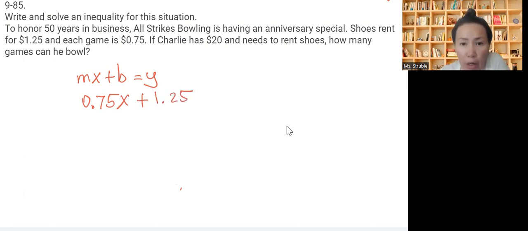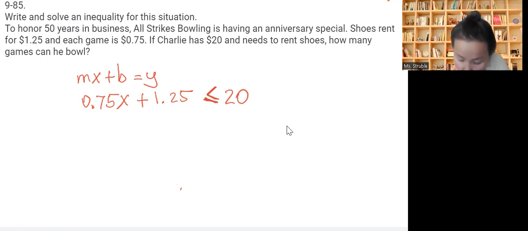So that means that it is less than or equal to 20. So that is going to be our inequality, and we just need to find x, which is the number of times he can bowl, right?